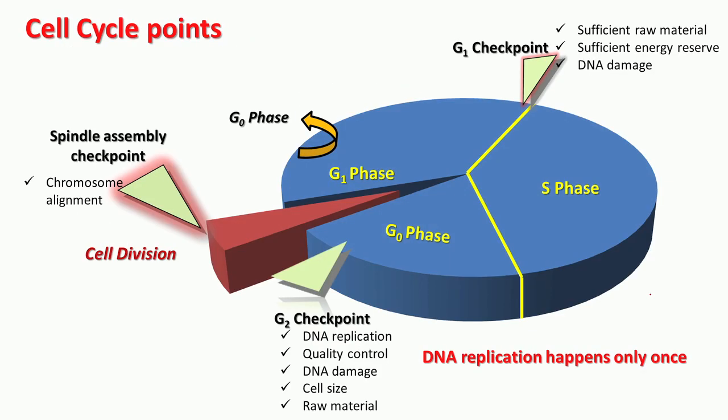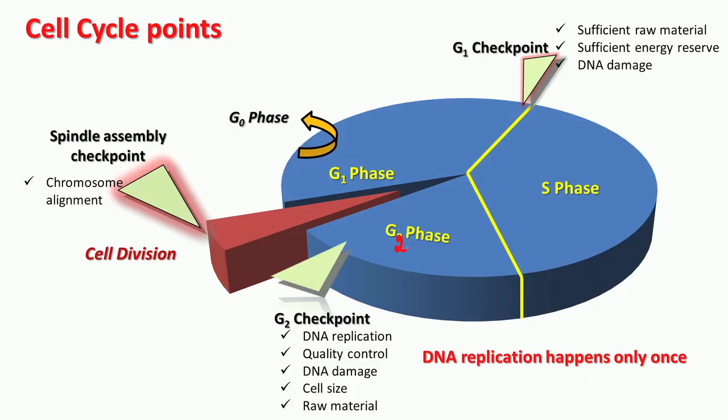So, this is what happens in the cell cycle, but then as I said, a cell cannot afford to pass on wrong information. So, there have to be very good checkpoints, some sort of toll gates which make sure that as the cell moves from one phase to the next phase, no wrongdoings have been done. So, in the cell cycle there are 3 major checkpoints.